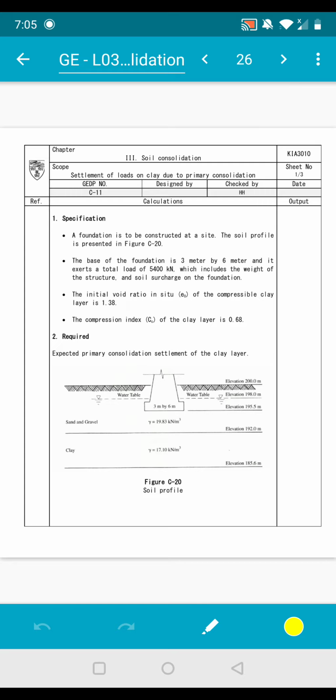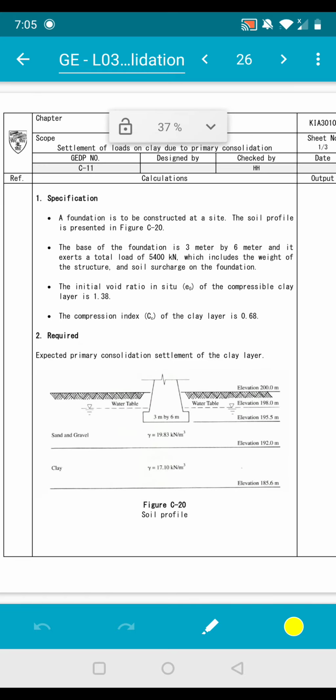Now this is problem number 11. Still in the scope of settlement of loads on clay due to primary consolidation. Now, a foundation is to be constructed at a site. The soil profile is presented below. The base of the foundation is 3 meter by 6 meter.